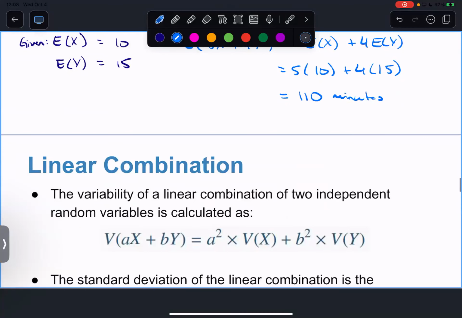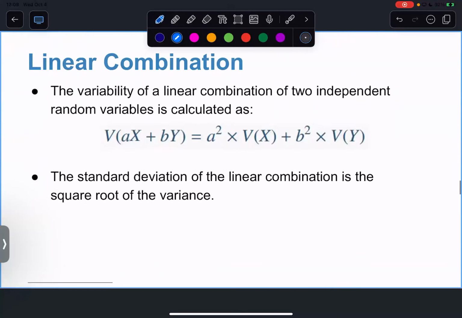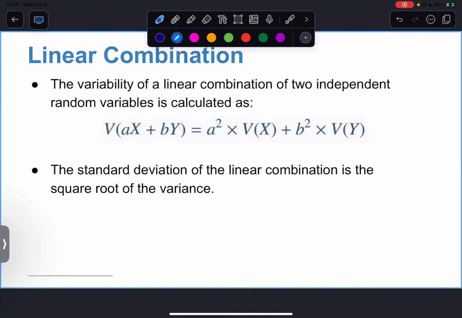Here's where, and let me see, oh boy. Chop, chop, Emily, chop, chop. What if I want to find the variance of a linear combination, right? Again, knowing some take longer, some are shorter. The variability of a linear combination is going to be this. So the variability of A times X plus B times Y, that's the same format as before.